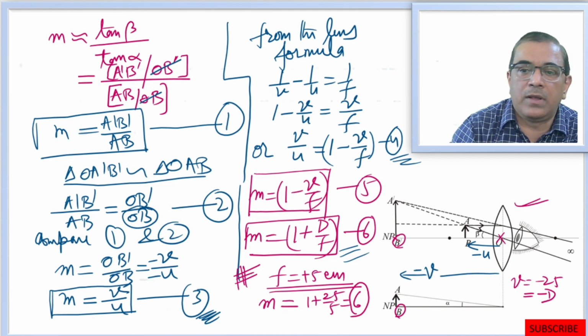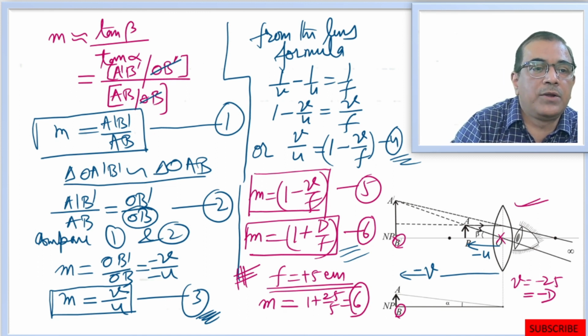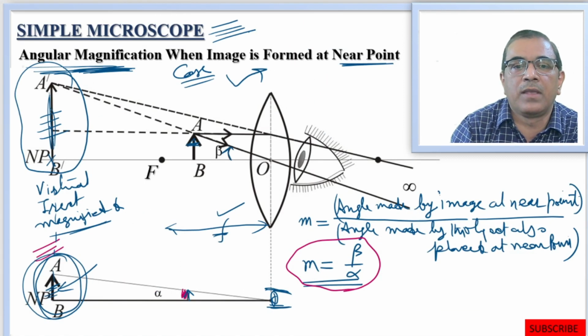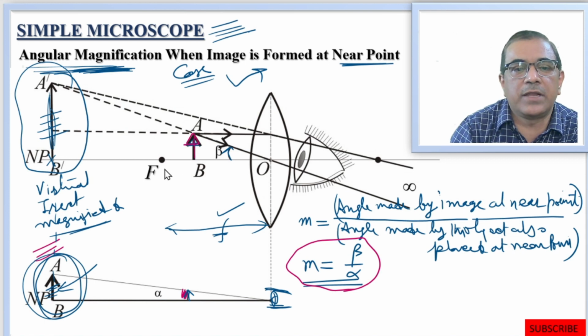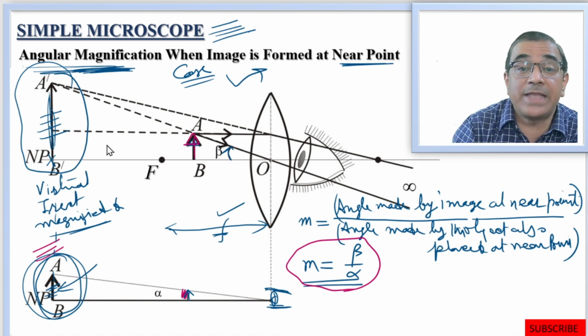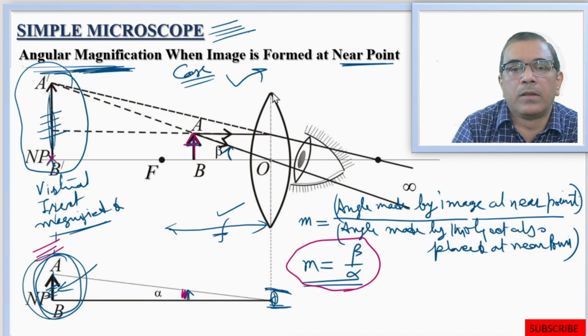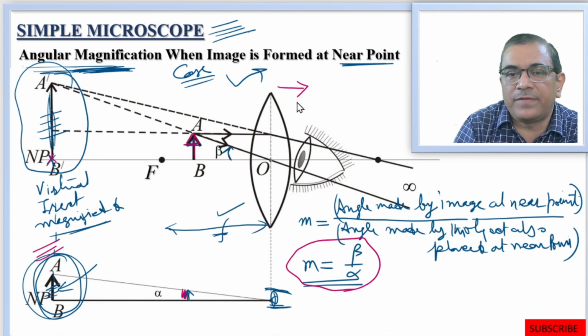Now let's come back to the previous diagram. In the previous diagram, you see the object is placed appropriately between optical center and focus so that its image is formed at the near point. Now what you should do is that this lens should be moved slightly towards your right side such that this AB lies at the focus.